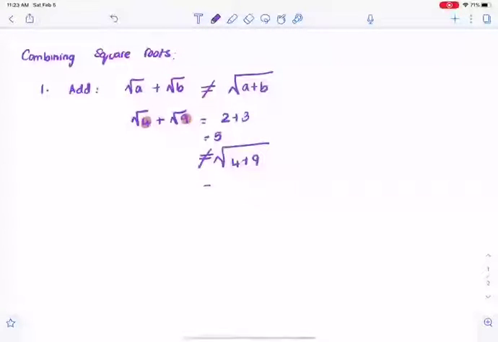No. Because square root of 4 plus 9 is square root of 13. Square root of 13 is not equal to 5. Square root of 25 is. So if you have roots, you can't simply add them and combine them and put them under one root.